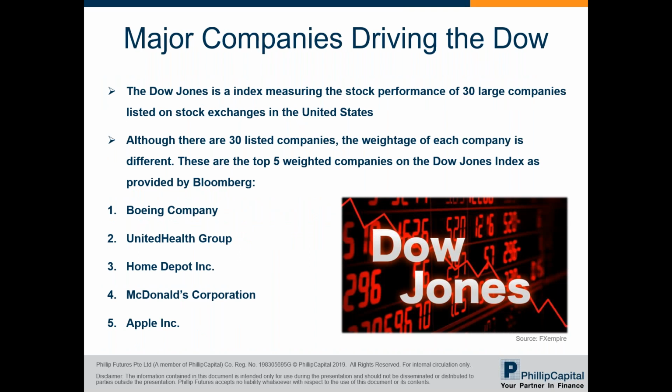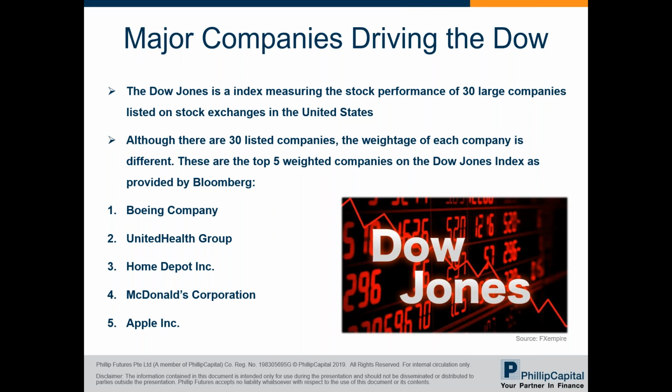So, major companies driving the Dow. Let me go a little more in depth into the futures contracts that I mentioned earlier on. The Dow Jones is an index measuring the stock performance of 30 large companies listed on stock exchanges in the United States. It's one of the leading indices for the US stock market. Although there are 30 listed companies, the weightage of each company is different.